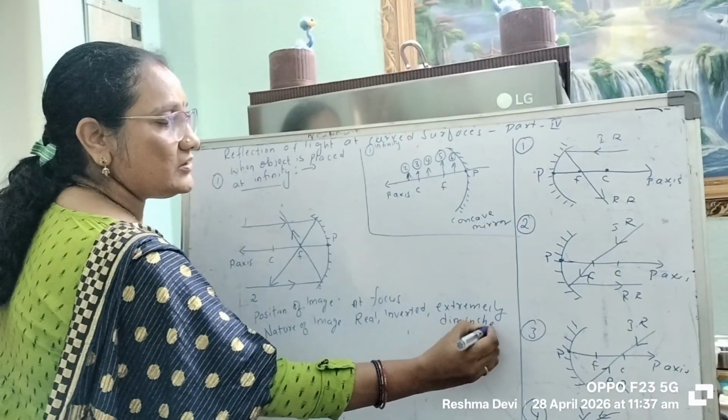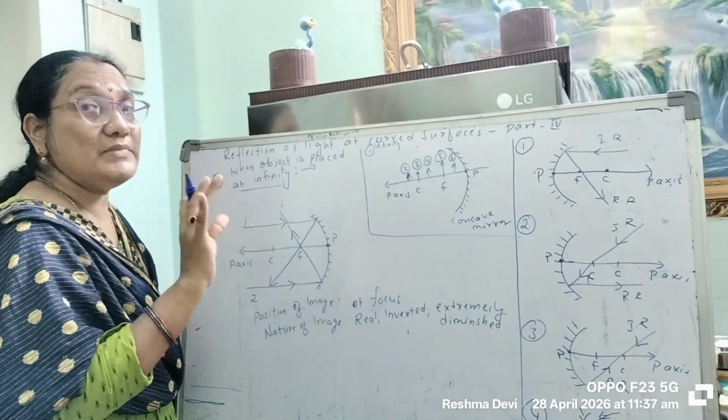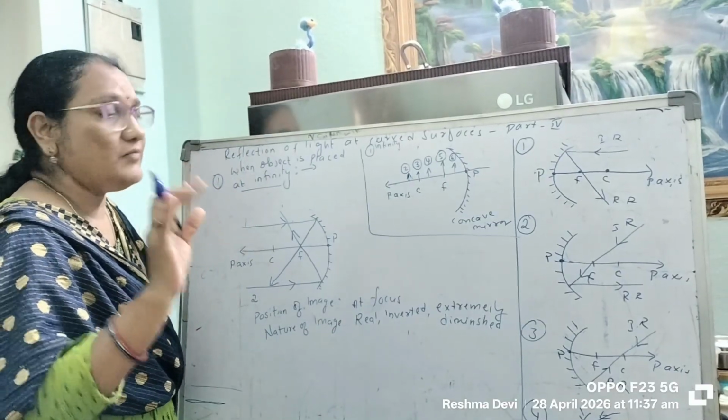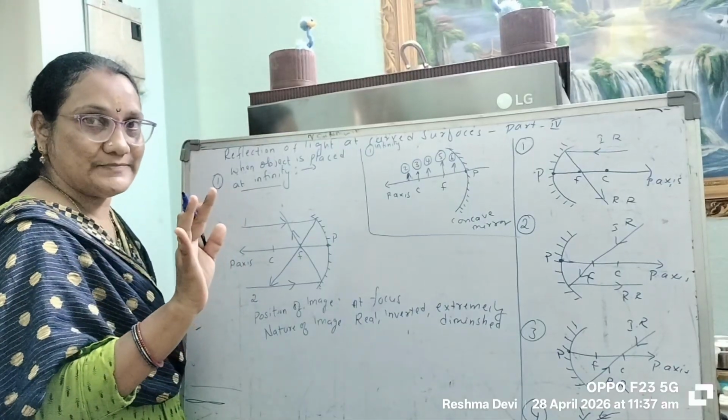Diminished means very small size, almost a point. Extremely diminished we say, very small size compared to the object size.